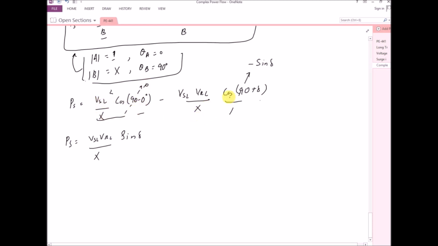In the second term we only have minus sine sigma, and this minus will be multiplied with the negative sign before this term. So the equation for the sending end power for the short transmission line will be PS is equal to VSL, the sending end line voltage, times VRL, the receiving end line voltage, divided by X, the reactance of the line, times sine delta, where delta is the rotor angle.